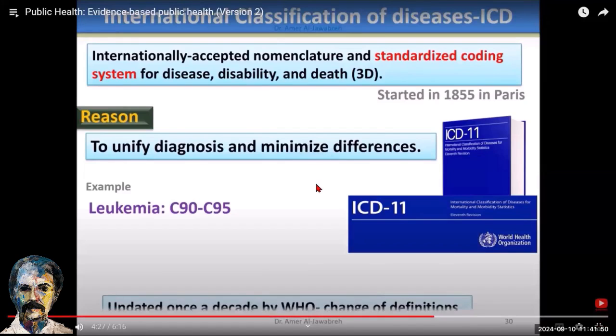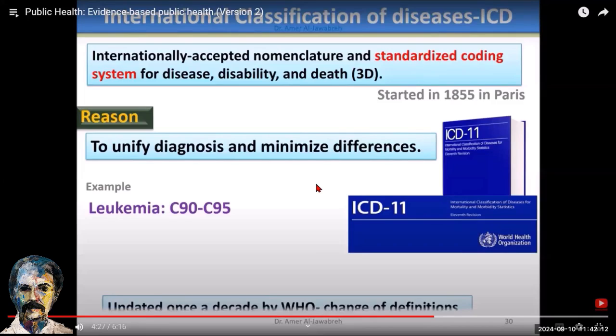Example, leukemia, C90. It starts with a capital letter and a figure, numbers and letters. C90 to C95, leukemia. Of course, you have C90.1, C90.2, C92.1, and so on. So you can have all the leukemias within these. That's why it's 8,000 pages.